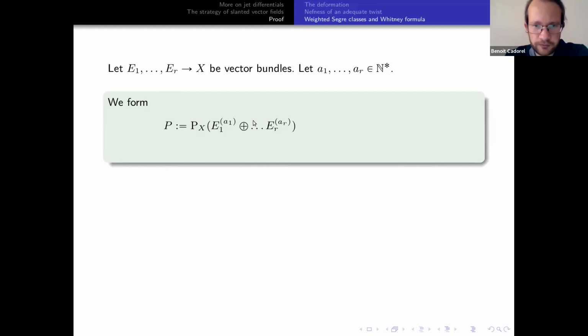First, form the weighted projective bundle above X by quotienting E1 plus etc. until ER by the action of C star with weight A1 on the first one, A2 on the second one, and AR on the last one, as I said here, with this action.